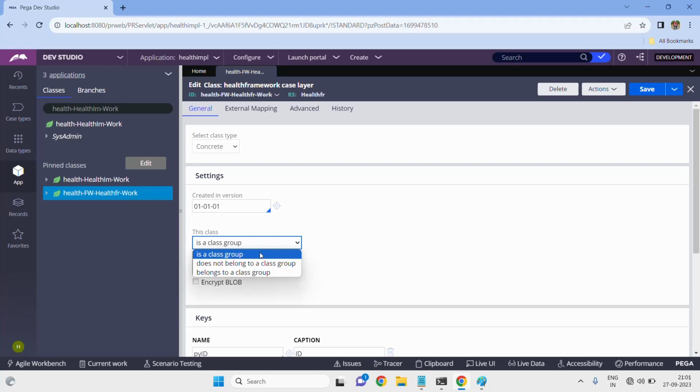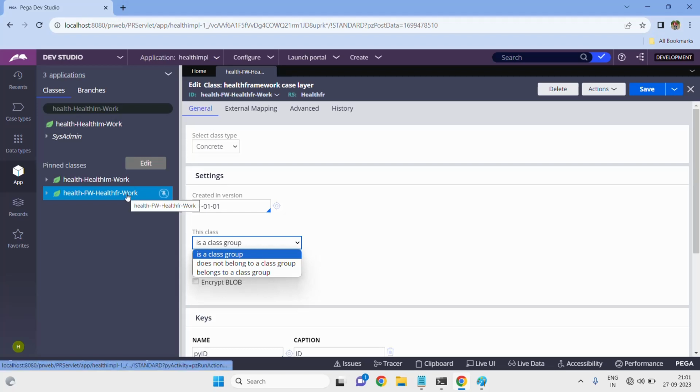Remember, all the concrete classes cannot initiate the transaction ID, but the concrete classes which have is-a class group as a feature, those classes only can initiate the transaction ID.